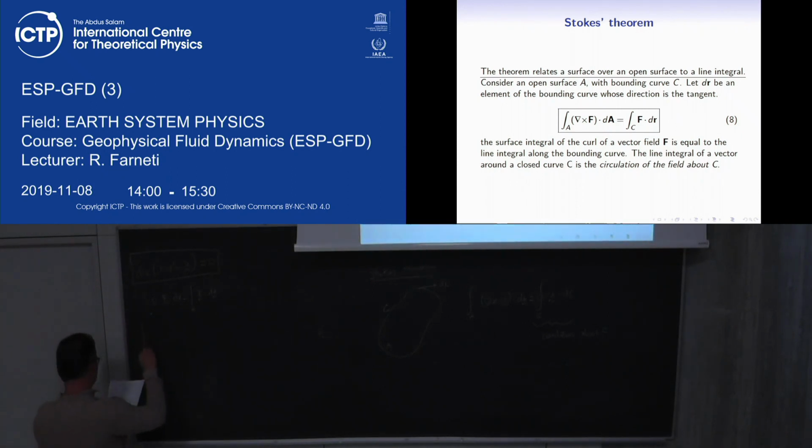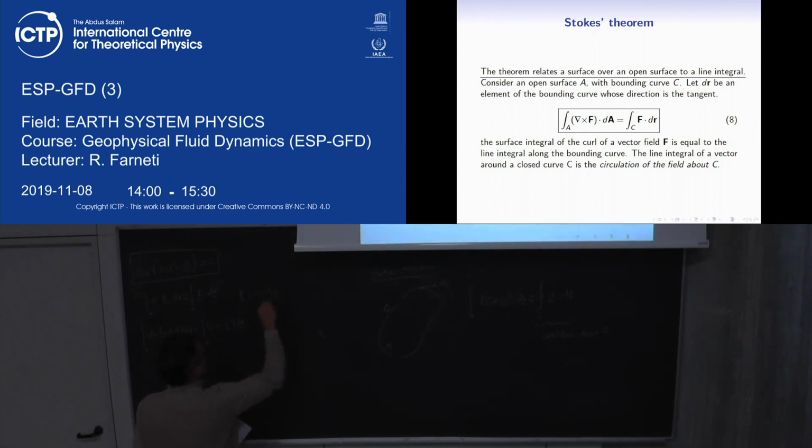So now we have to prove that the volume integral of the divergence of the curl of U is going to be equal to the area integral of the curl of U dA. That's the divergence theorem, where F is taken to be the curl of U.